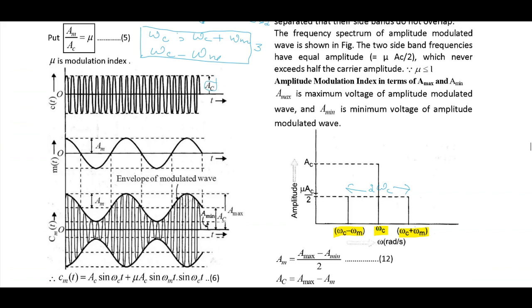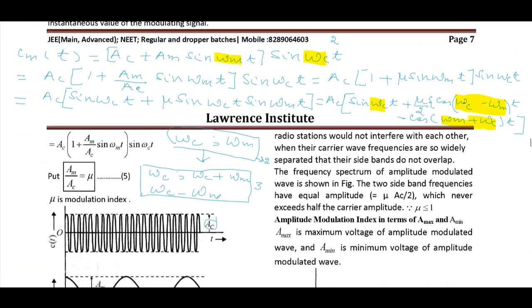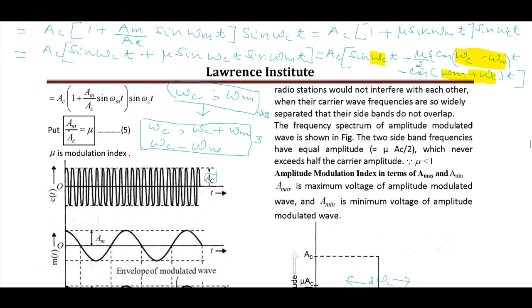One ratio which I have used in the expression is mu. Mu is the ratio of AM by AC, and this ratio is called the modulation index. Mu is the modulation index. It's a very important parameter from the examination point of view.